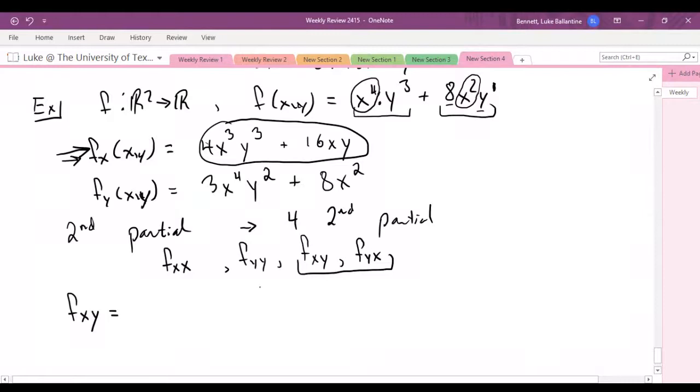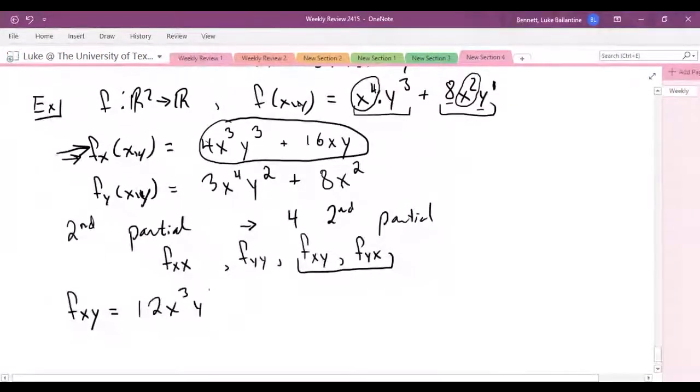Yep. We get 12x cubed y squared plus 16x.